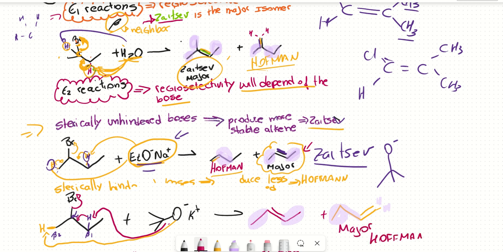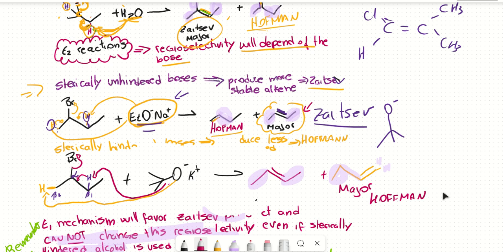As I said in the last class, if you don't read well, if you don't know well about eliminations, you're going to think the book is bipolar, because one time it says it's always Zaitsev, and then you read and it says, oh, in this case it's Hofmann. So you cannot make general statements like elimination reactions always favor Zaitsev. E1 will always favor Zaitsev. E2 will not. We can have the major as Hofmann.